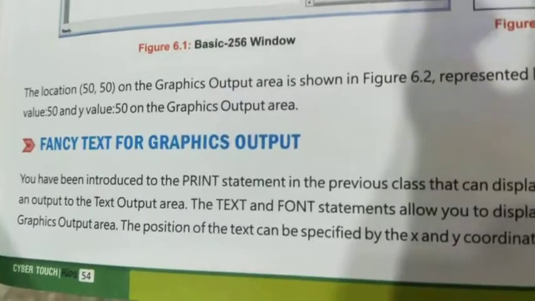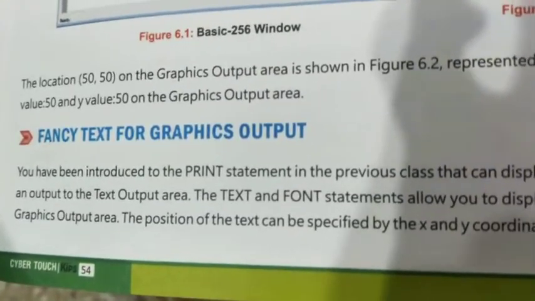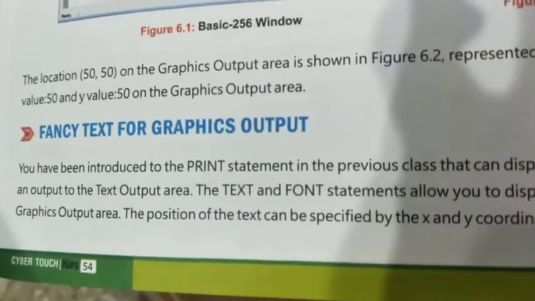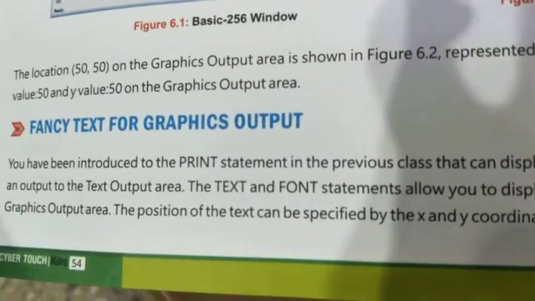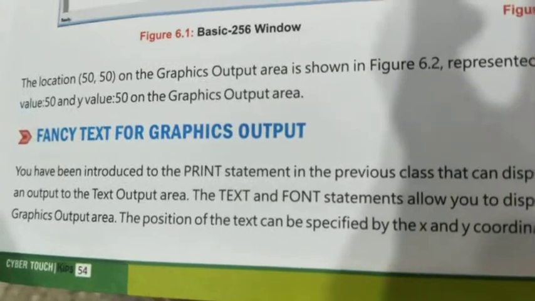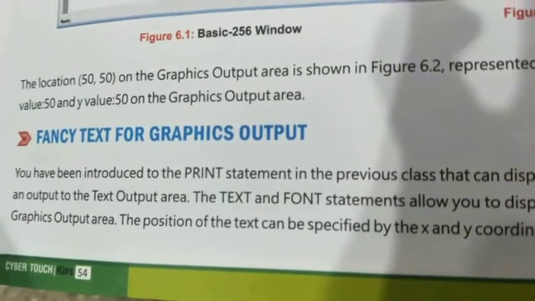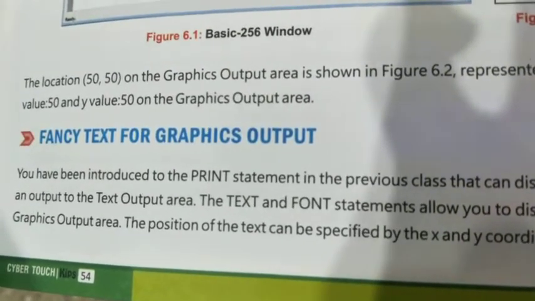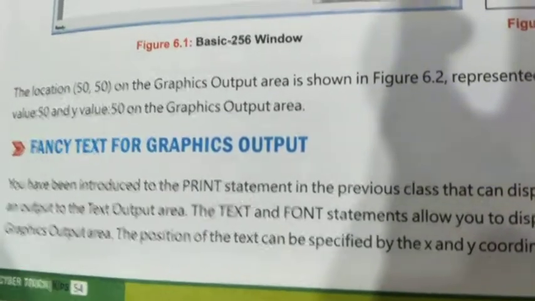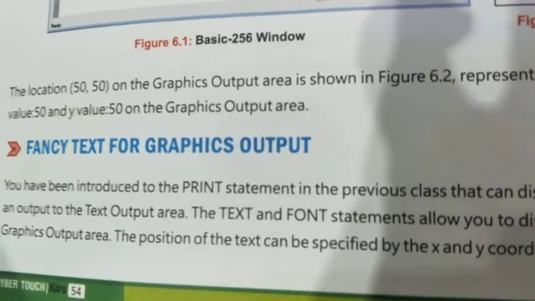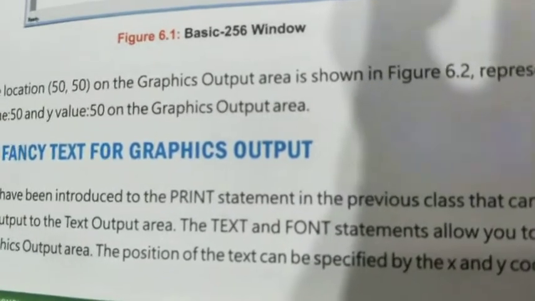Before starting the programming, you should know some of the commands that will be used to run your program. When you have to take the output of your program, you have to write the command print.